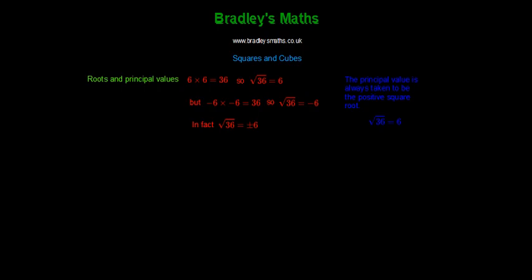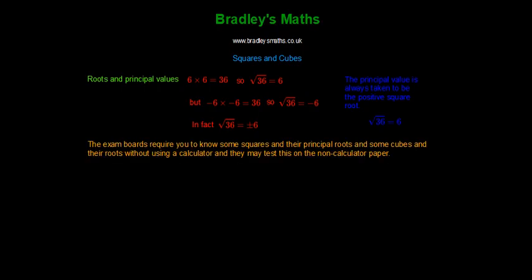Okay, let's move on. The exam boards do require you to know some squares and their principal roots and some cubes and their principal roots without using a calculator, and I would say they will test this on the non-calculator paper.